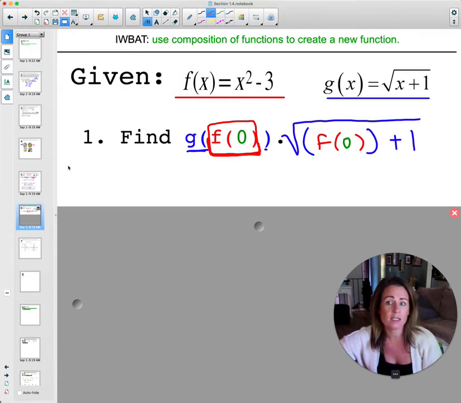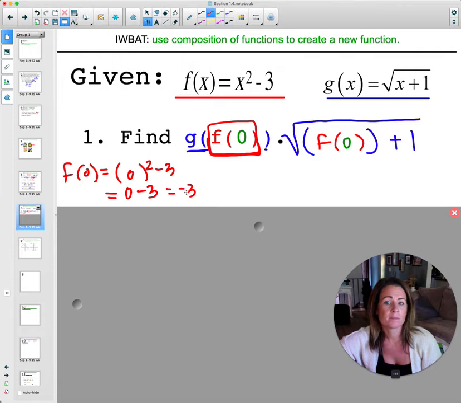Off to the side here, I'm just going to calculate f of 0. That's 0 squared minus 3. 0 squared is 0, minus 3 is negative 3. So f of 0 is negative 3. So this chunk is negative 3.